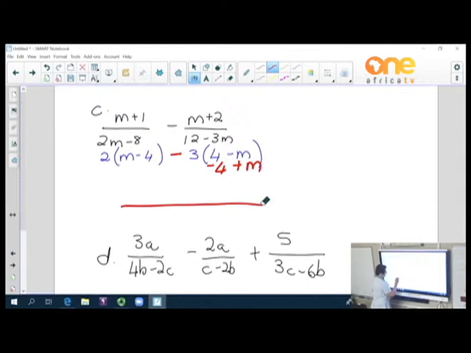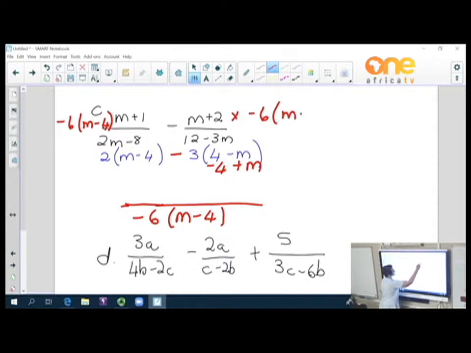So my LCM is now 2 times 3, which will be -6. So it is -6 m minus 4. So I multiply with -6 m minus 4, and I will multiply with -6 m minus 4 and cancel.